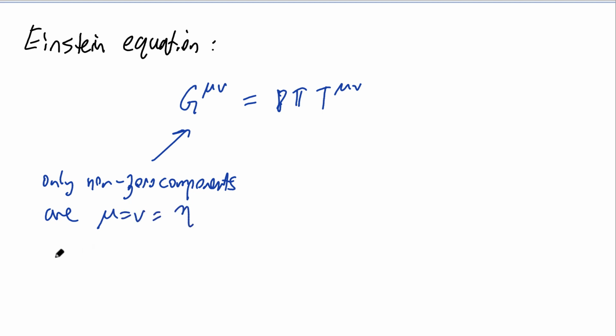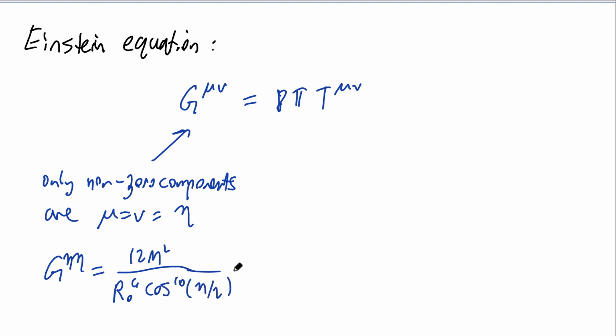And what we obtain then for G eta eta is 12m squared divided by r naught to the 6th power times cosine to the 10th power of eta over 2.